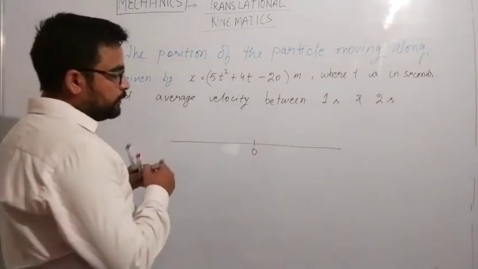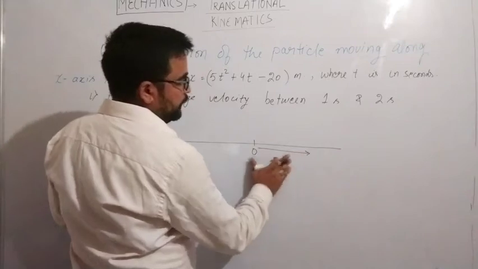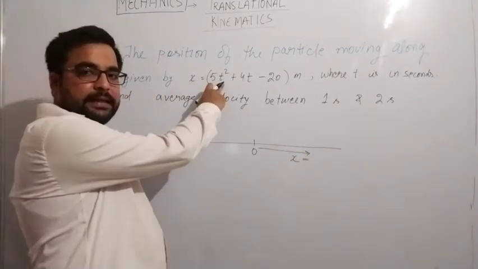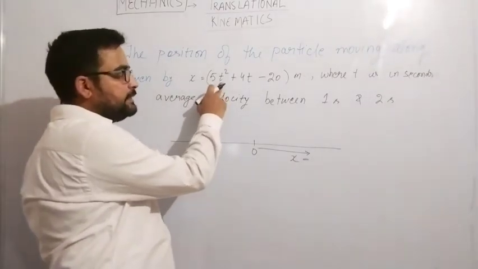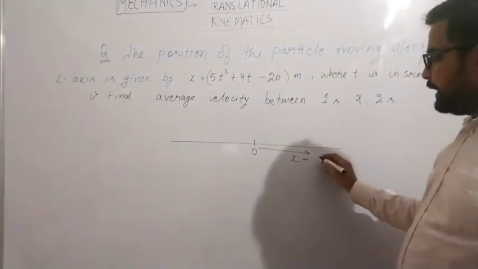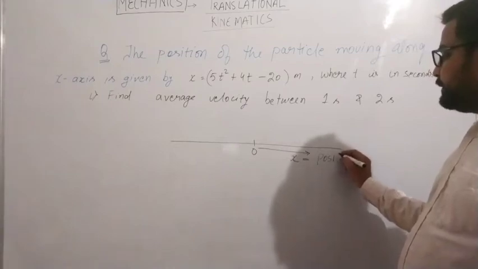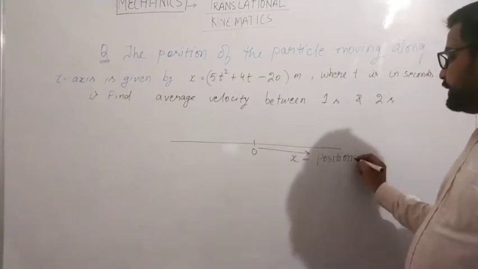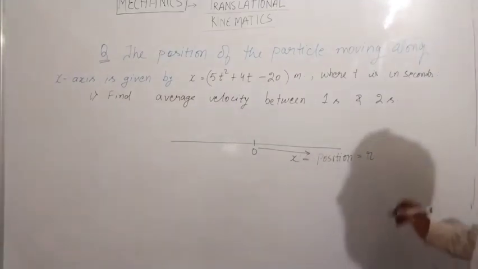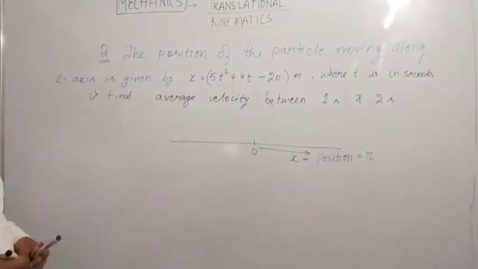The value of x at any instant is nothing but giving you the position, so you can take it as your position vector r.